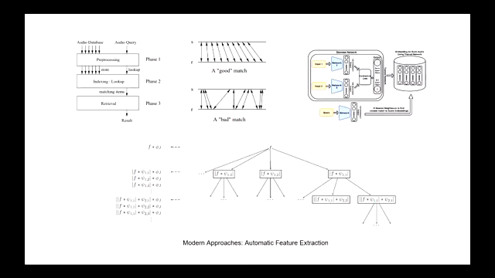And then on the right side over there, we have more modern methods, which automate that hashing part. So it automates the feature extraction instead of using some predefined filters or wavelets, like in this case. Then you parameterize those filters with an artificial neural network.